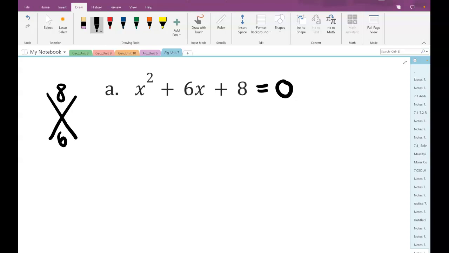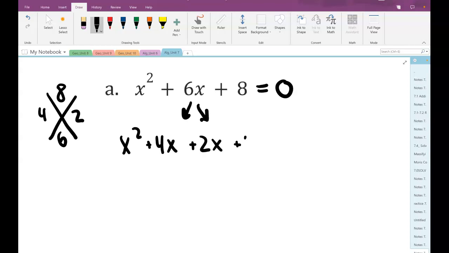Multiplies to 8 but adds to 6 is 4 and 2. Now we do step 3, which is splitting up our middle term using our 2 numbers we filled in. So it'll be x squared plus 4x plus 2x plus 8.